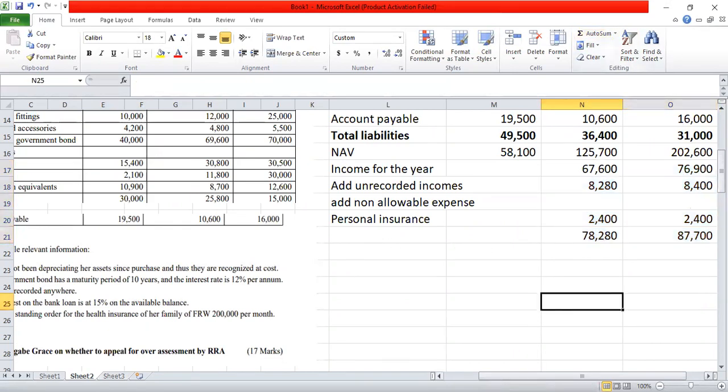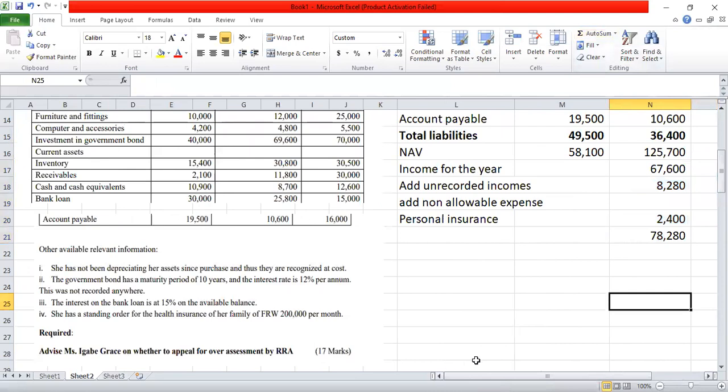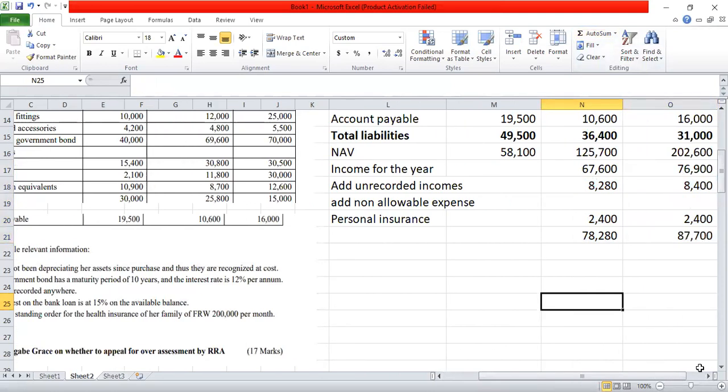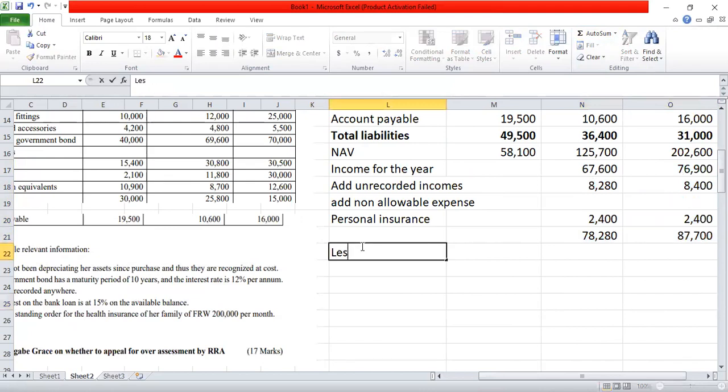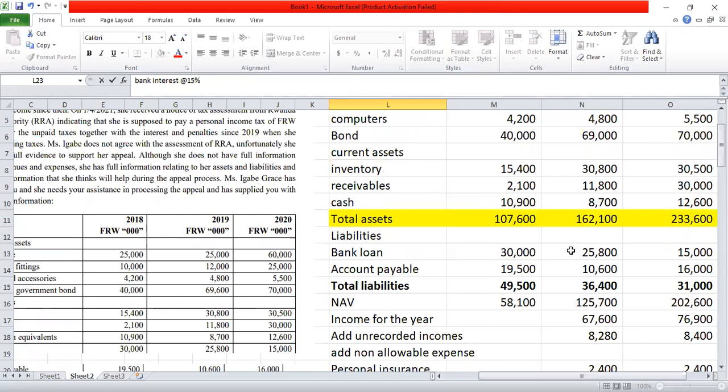So then they told us we have not depreciated and we have a banker interest. So we less allowable expenses. First we have a banker interest, which is at 15%. So remember, loan you calculate on the available balance.